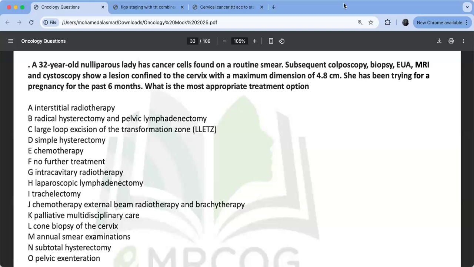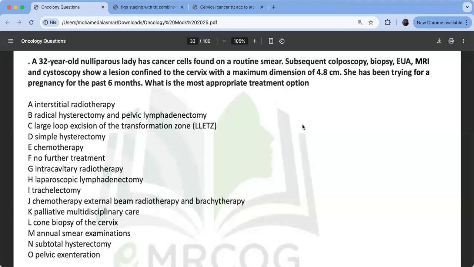Yes, very big, of course. So, which stage is this? More than 4. Which stage?